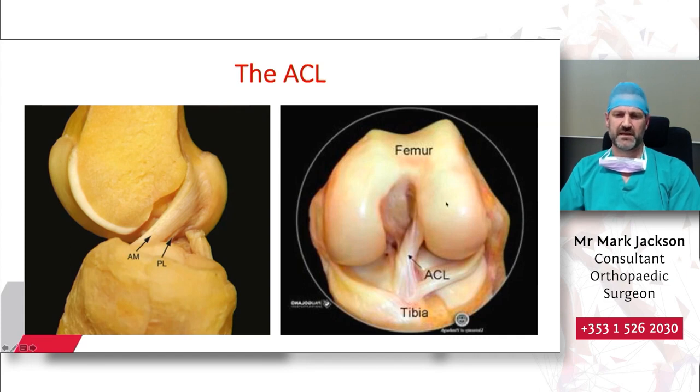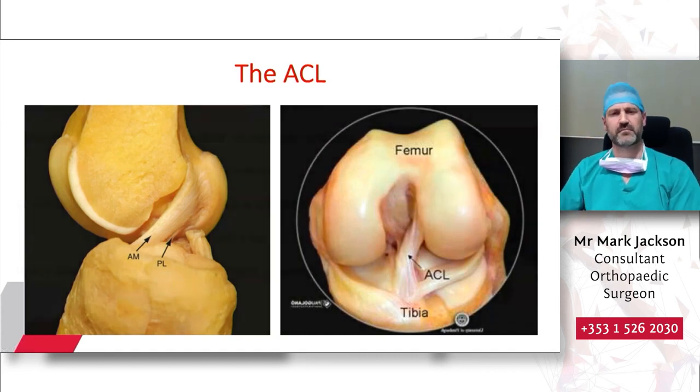And it is shaped a bit like a ribbon. And this picture on the left shows that nicely, again, coming across the joint from the tibia or the shin bone below across to attach in a pretty broad way on the back of the thigh bone, the femur. And this is now a side view of the knee with essentially the joint cut in half.